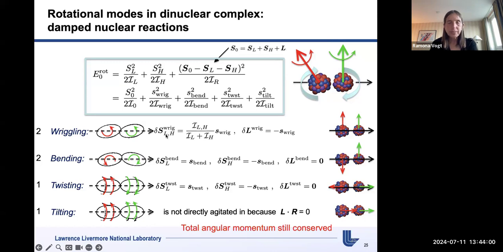You can write the change as delta S for each one and delta L, and you have to make sure that total angular momentum is still conserved, even if you can't possibly observe the L, you know it's there. Now tilting isn't really important at all because L dot R is equal to 0, but these three modes, wriggling, bending, and twisting, can be in play.